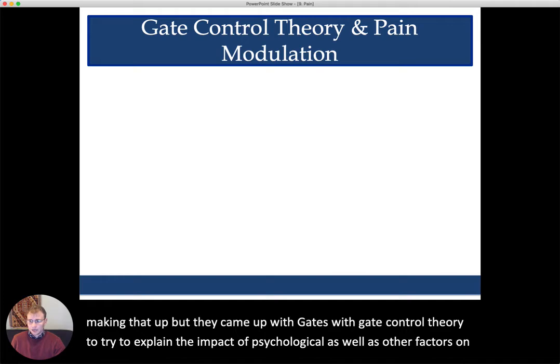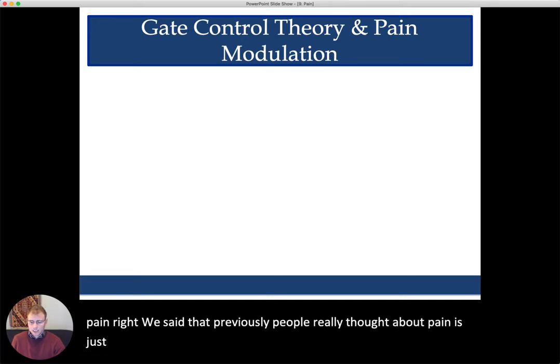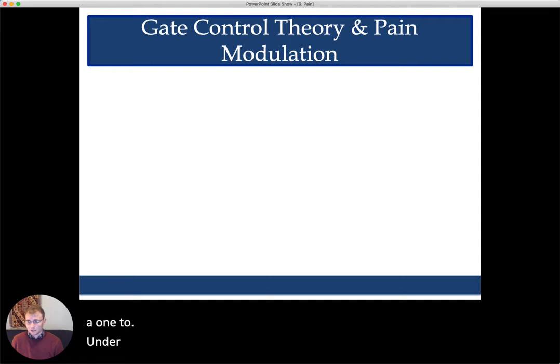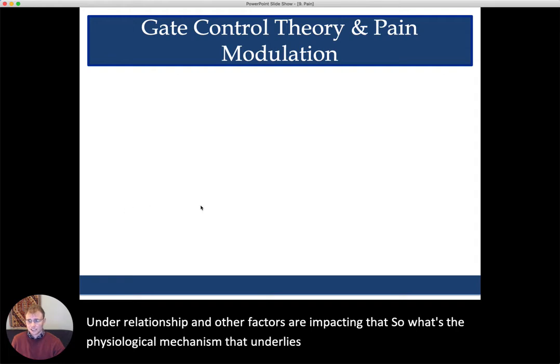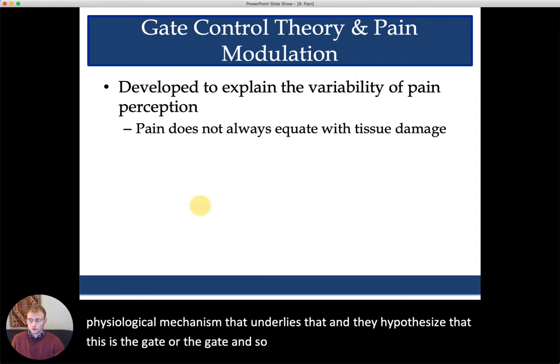Previously people had thought about pain as just a direct response to the extent of injury, but as we know, that's not a one-to-one relationship, and other factors are impacting that. So what's the physiological mechanism that underlies that? They hypothesized that this is the gate, and therefore it's gate control theory.